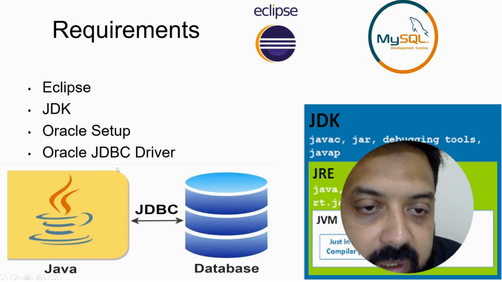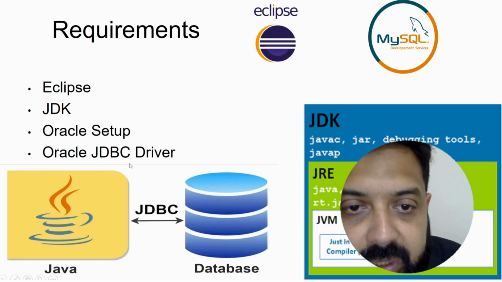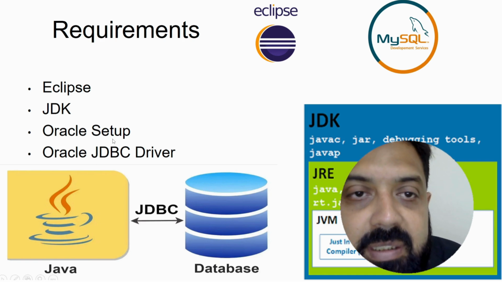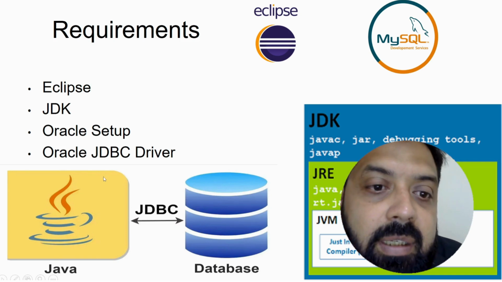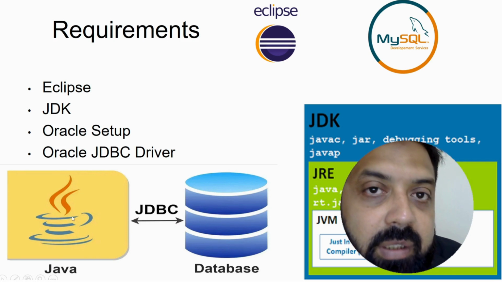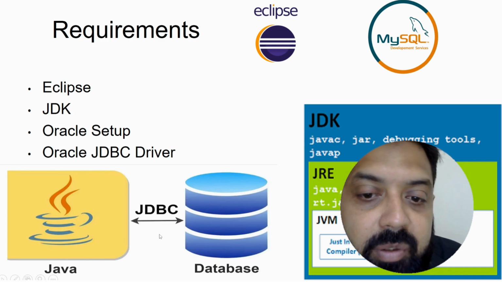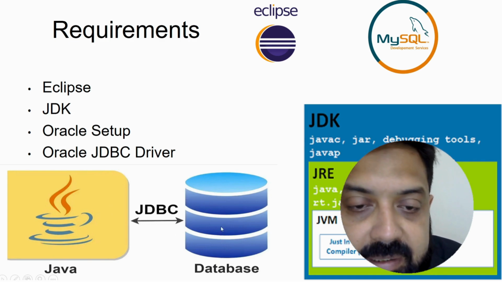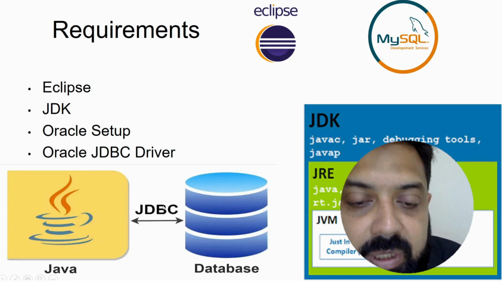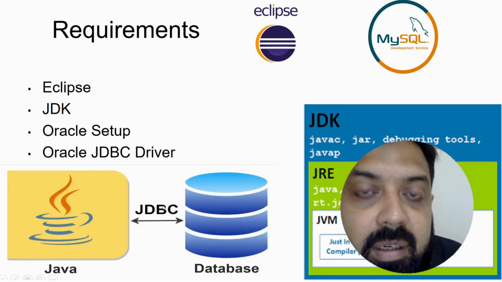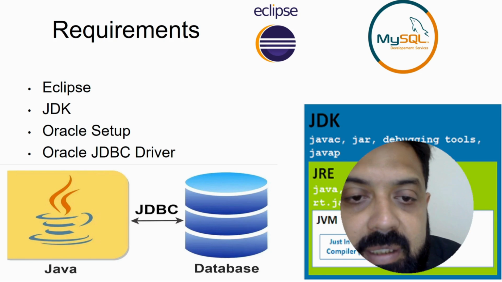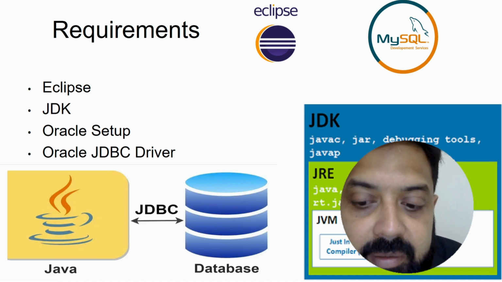Then you have the Oracle Java database connectivity driver that is basically used to provide connectivity between your front end and your database, that is the backend. So Java database connectivity is basically an intermediate layer that provides connection between your front end and back end.